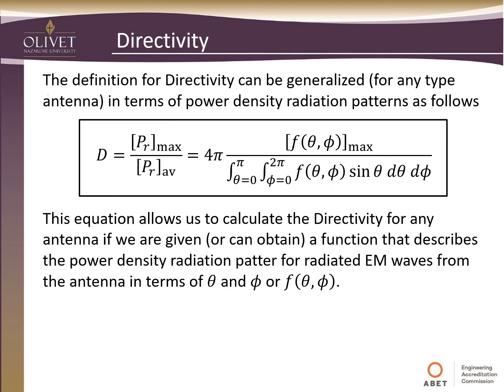Just like radiation resistance, this is another very important and widely used criterion to characterize antennas and compare antennas. If you want an antenna for a radio station, you want very low directivity. You want it to broadcast the same signal strength in all directions.